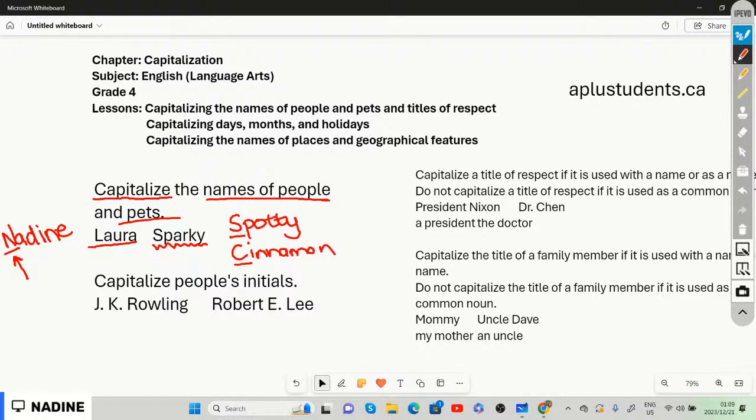But if you're going to specifically give us the name of your dog, for example, Spotty or whoever, then we need to capitalize it.